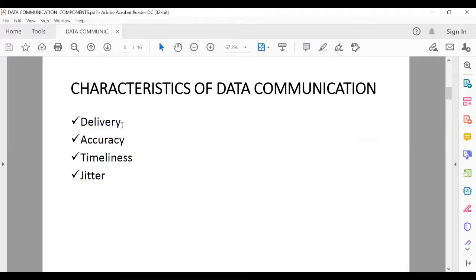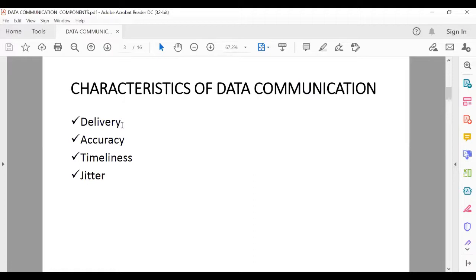So according to the delivery, the data should be delivered to the correct destination and correct user. Accuracy means the communication system should deliver the data accurately without introducing any errors.